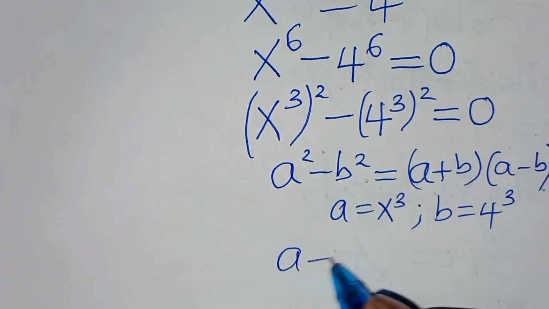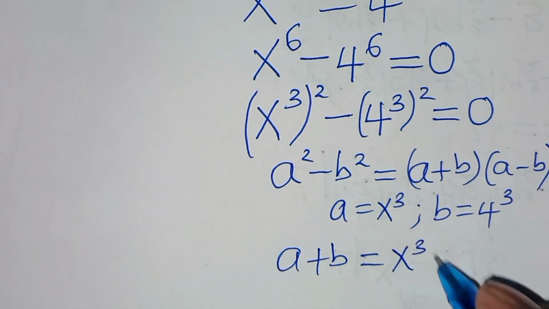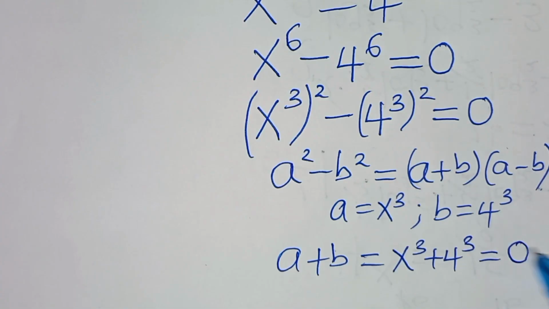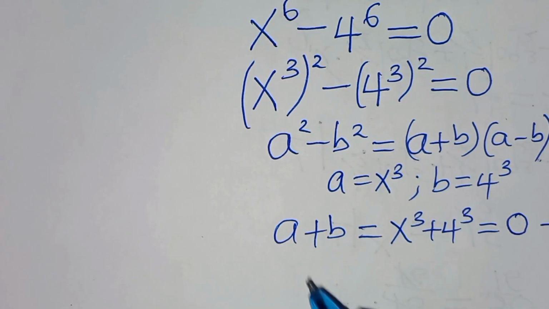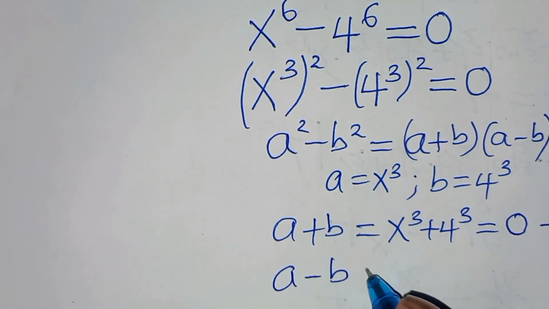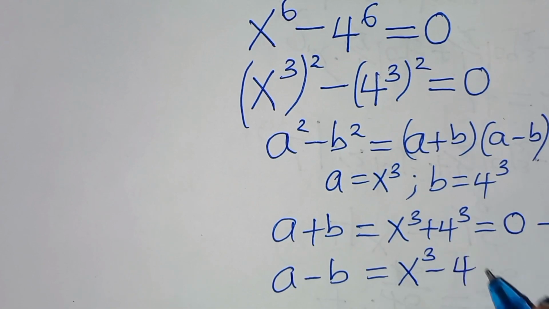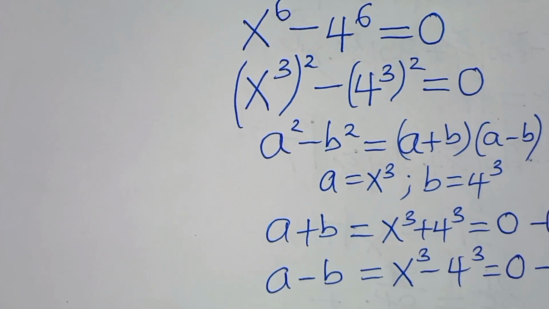Therefore, a plus b is x to the power 3 plus 4 to the power 3, equal to 0. Let's call this equation 1. We have a minus b, which is x to the power 3 minus 4 to the power 3, equal to 0. Let's call this equation 2.